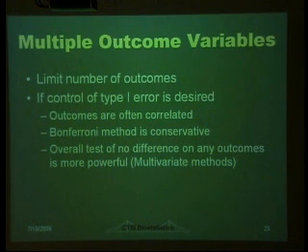And overall, another strategy, so that we also talked about the strategy of doing an overall test. So an overall test of no difference on any of the outcomes is generally more powerful than treating each outcome separately. And those are done with a class of procedures called multivariate methods.